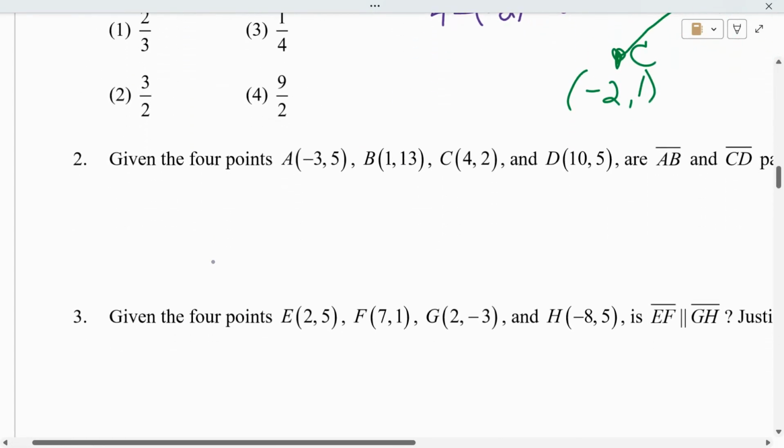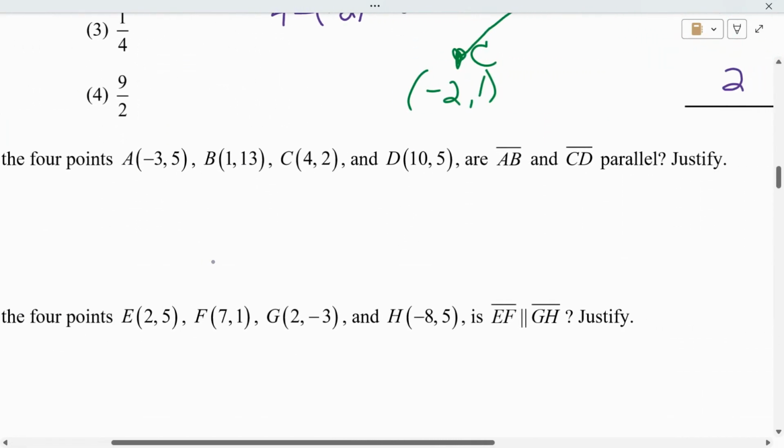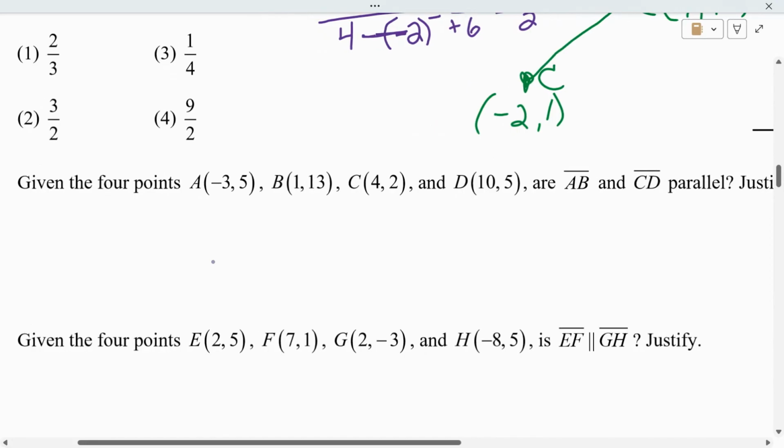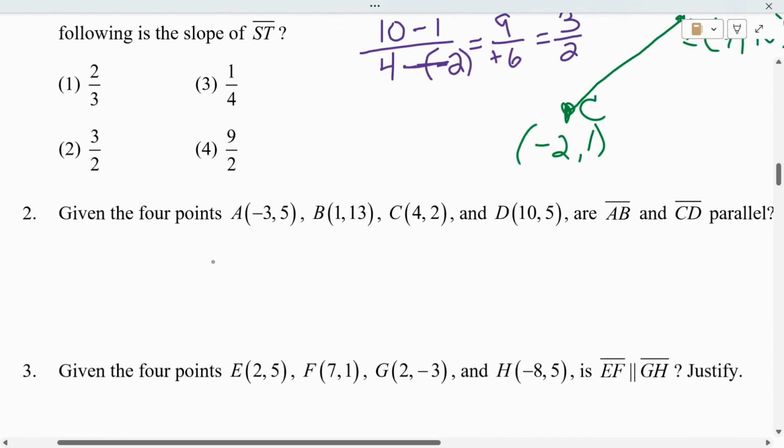Now I'm given 4 points, and I'm being asked if AB is parallel to CD and I need to justify it. So I'm going to do that by, again, calculating the slope of segment AB. And if it's parallel to CD, that means their slopes are the same.